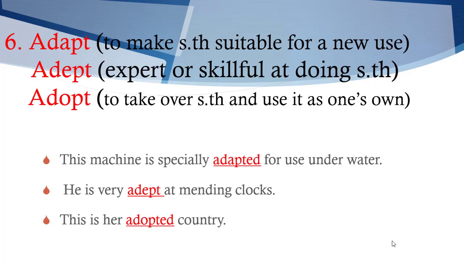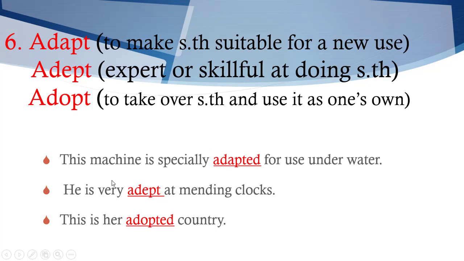Our sixth set of words is adapt, means to make something suitable for a new use. The second word of this group is adept. Adept means expert or skillful at doing something. And our third word is adopt, to take over something and use it as one's own. So we can use our first word in a sentence as: this machine is specially adapted for use underwater.